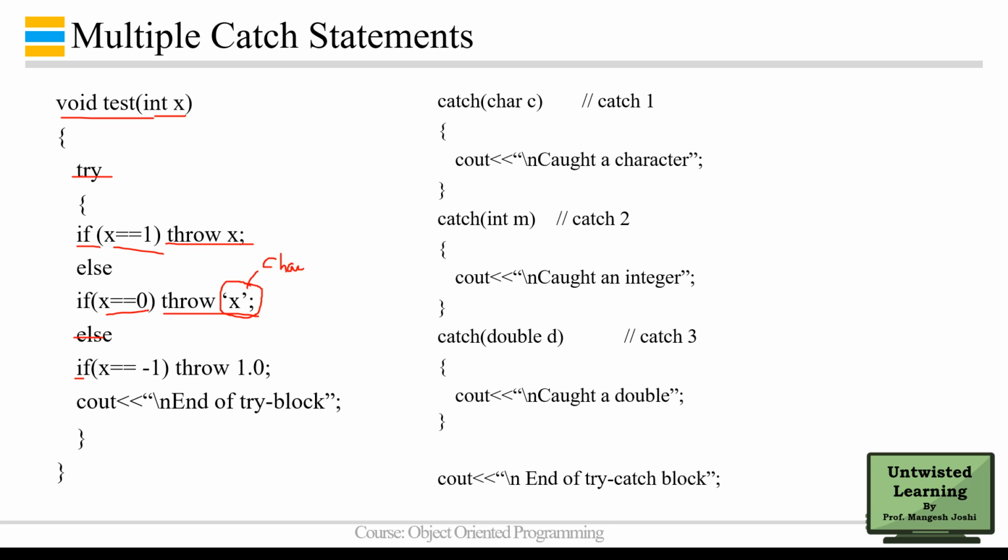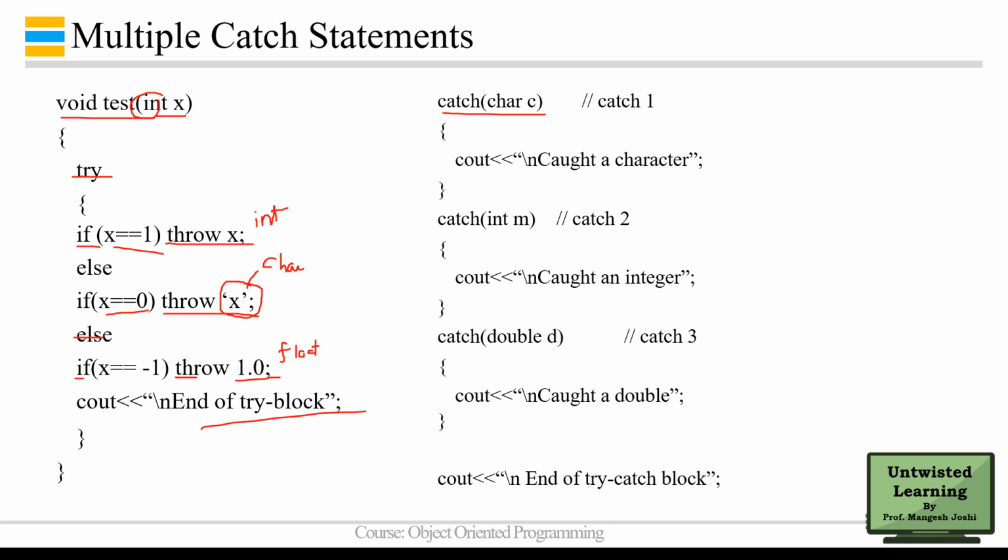Else if x compares with -1, throw 1.0. So this is of float type. 1.0 is float and this x is integer type because you have declared it as integer, right? Now this is the end of the try block.